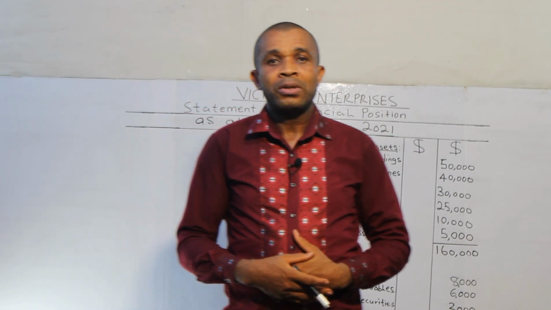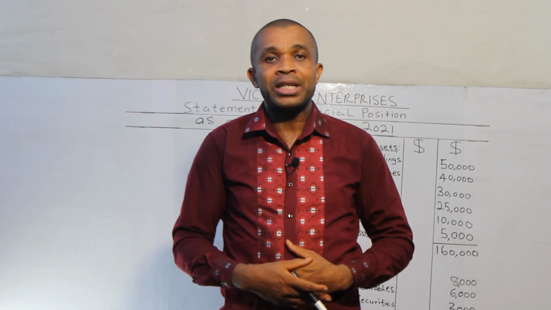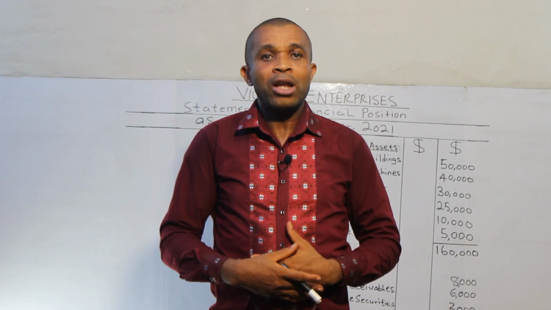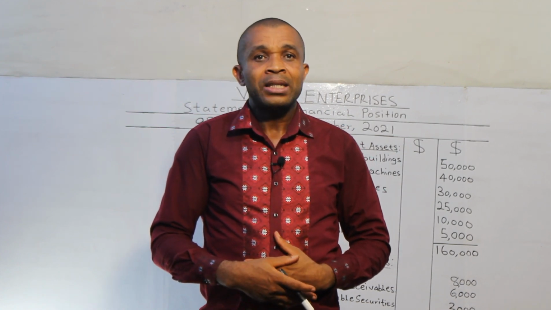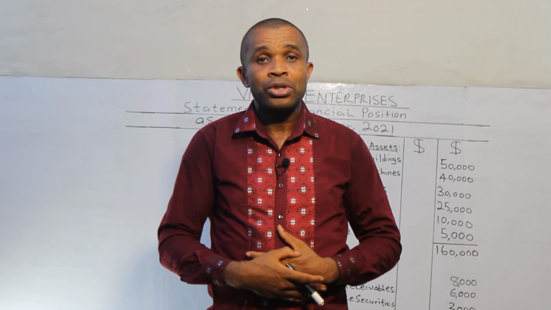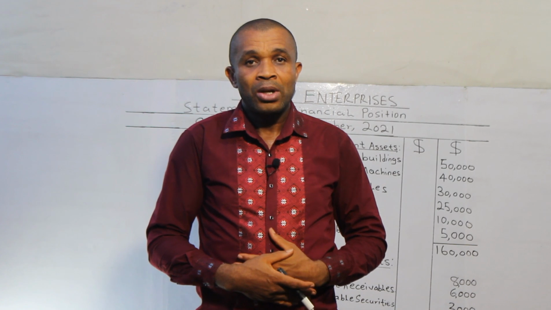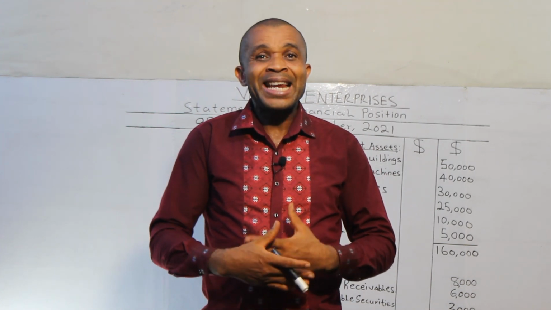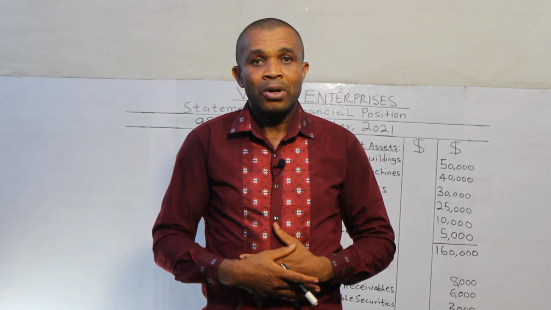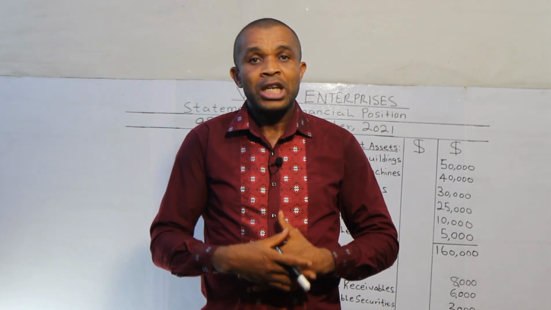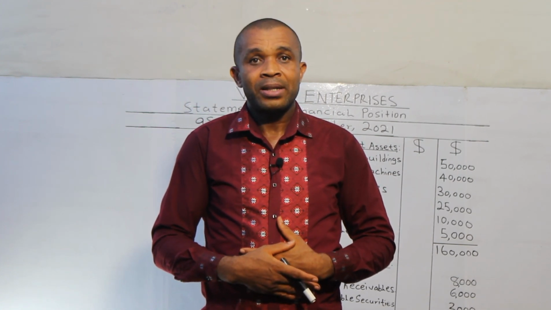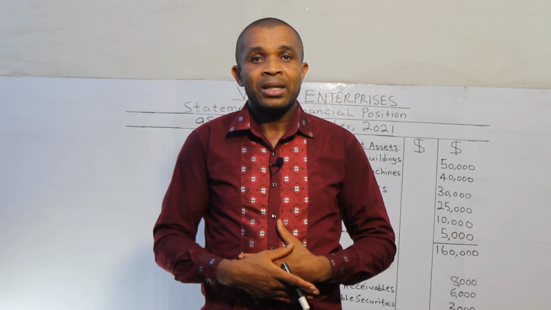And of course, from our preliminary knowledge of accounting, Victory Enterprises will tell us that some capital were involved, that is initial amount introduced to start the business. Of course, if there have been any net profits retained for the accounting period or the past accounting period, it will be stated. And if there are any drawings, it will also be stated.